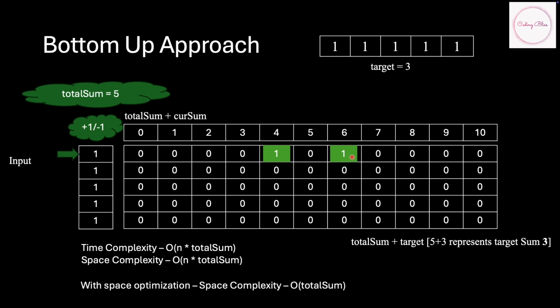I hope this is clear. So total sum is 5, and to subtract 1, this will be 1, this will be 4. So that means I will have one instance of 4, and I will have one instance of 6, because I can add 1.